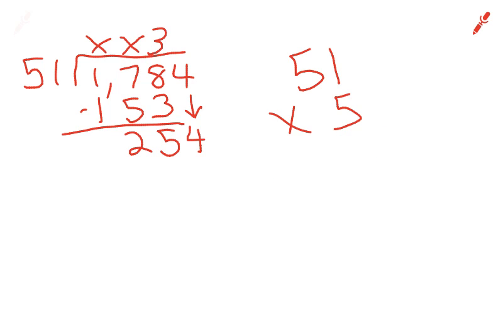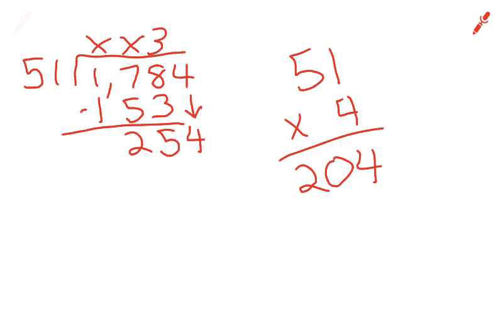So we need to back up, and instead of doing times 5, let's do times 4, one less. Might be right, might be wrong, but it will be close. And when we do it one less, it's going to help us out here. 4 times 1, 4. 4 times 5, 20. We're going to put our 4 here because 4 is going to work. We now subtract 204.